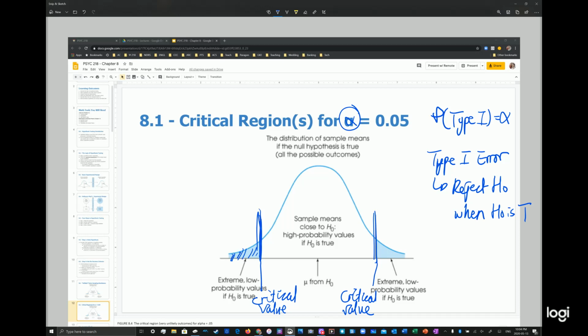And the shaded area here would be the critical regions. That's the probability areas. Again, in a two-tail test, the area is divided in half. So here you set the alpha, the probability of a type 1 error, where you reject the null when the null is actually true on the day of the test.